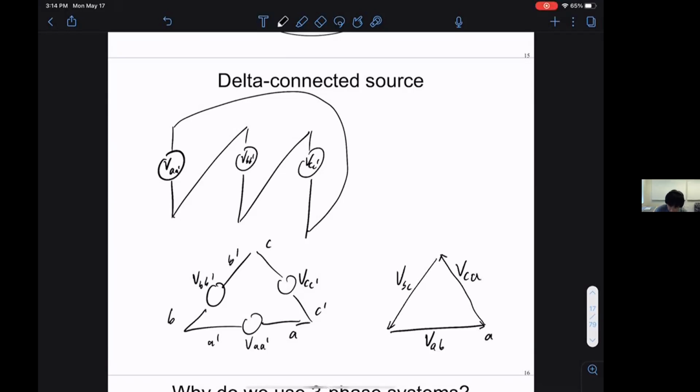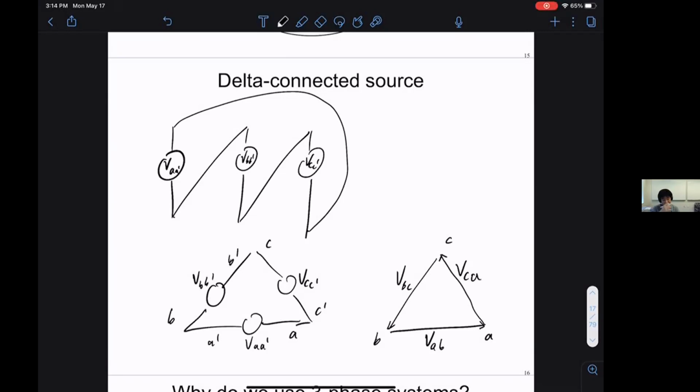So this is point A, C, and B. All right, so this is another way to think of the voltage vectors we set up. If you look across the two wires, you get some voltage. So these are the VAB, VCA, and VBC voltages.